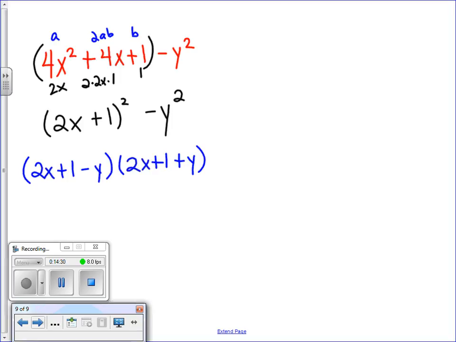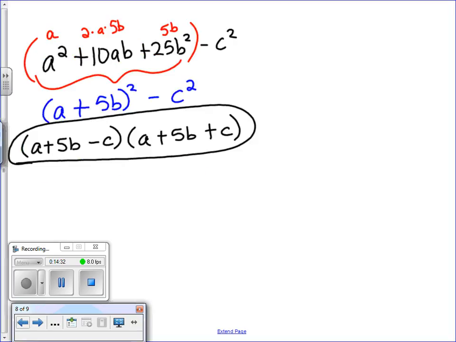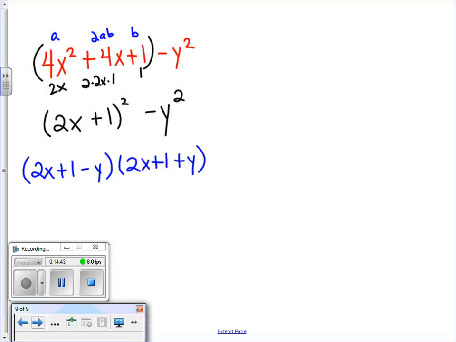See now? That's how we're checking it. This has to have a square root, that has to have a square root, and this has to be 2 times the first square root and the second square root. The middle one does.